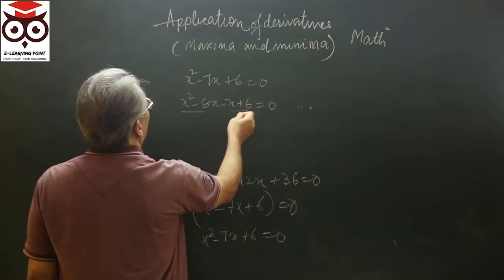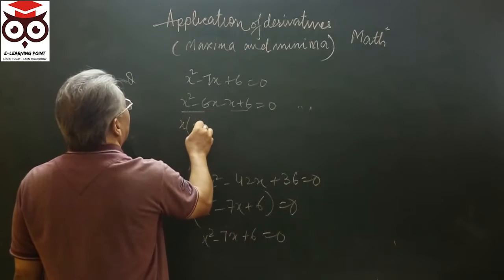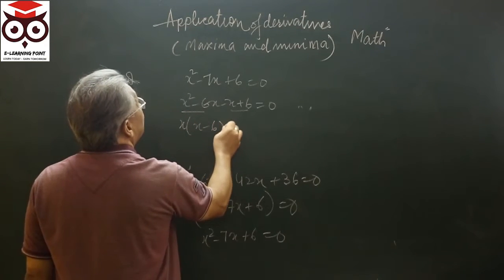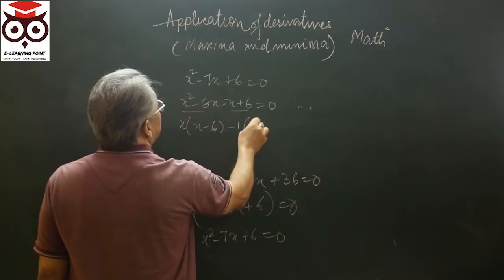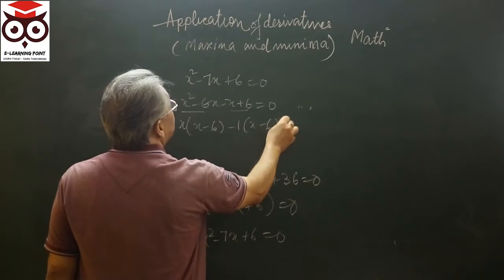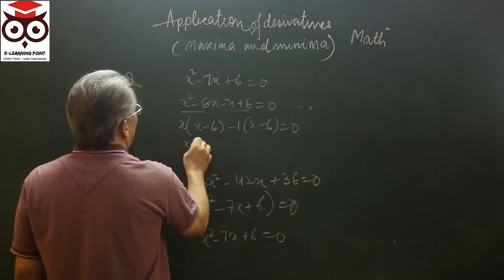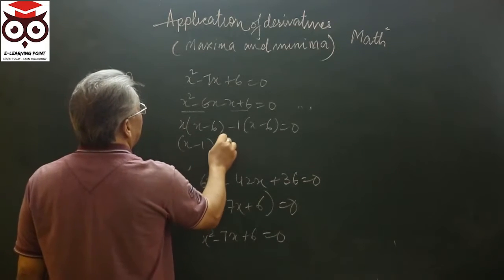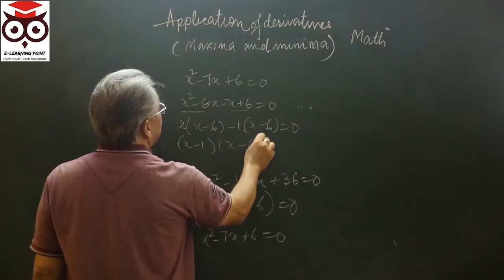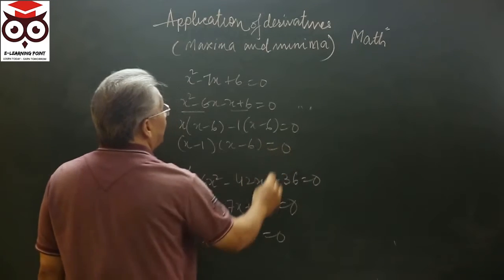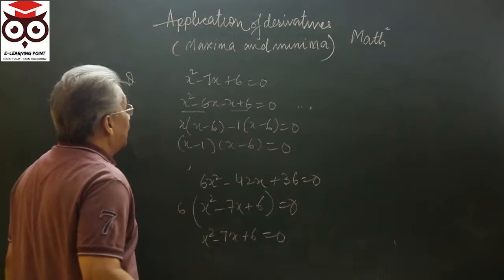I will take common from here: x into x minus 6, minus 1 into x minus 6, is equal to 0. So I will write x minus 1 into x minus 6 is equal to 0.